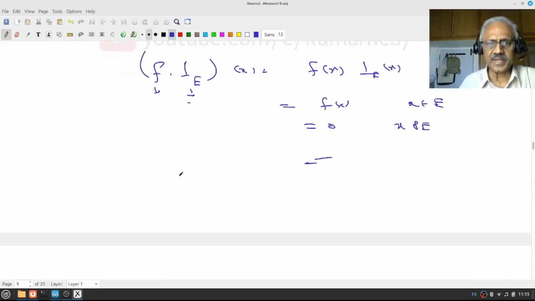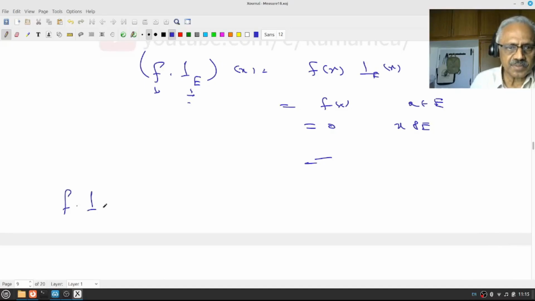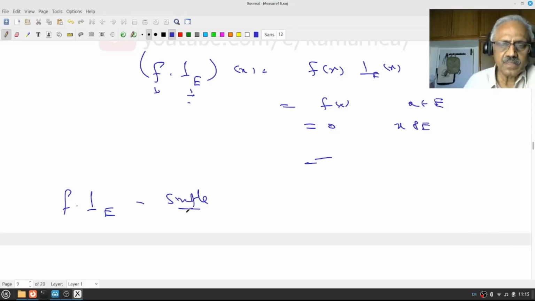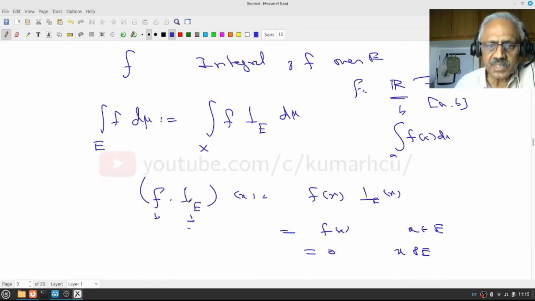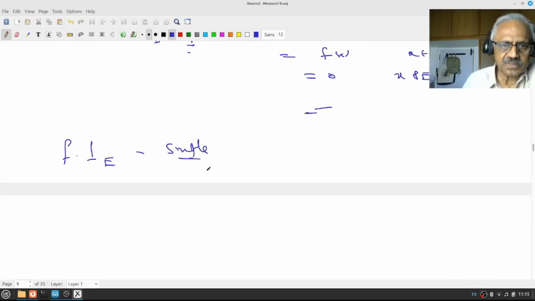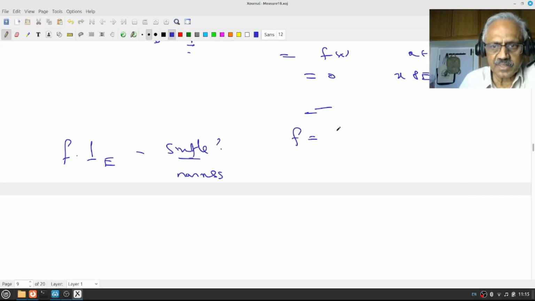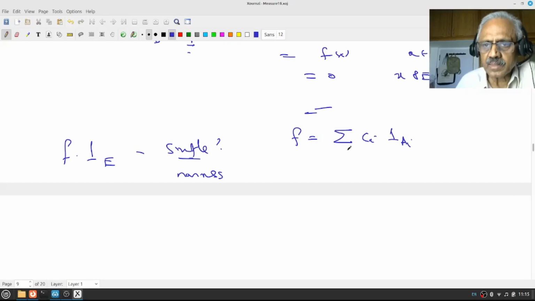The next thing is whether it is simple. Is this simple? Because we define integration only for non-negative simple functions, and this is certainly non-negative. Is it simple? Now suppose f is, let us say, the sum of c_i times indicator function of A_i, i equal to 1 to n, and this is the standard representation.